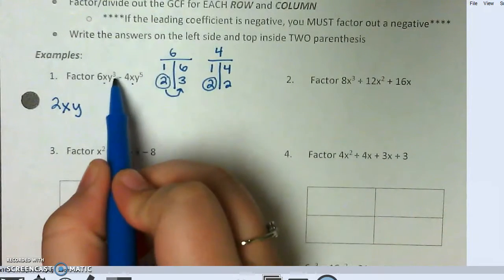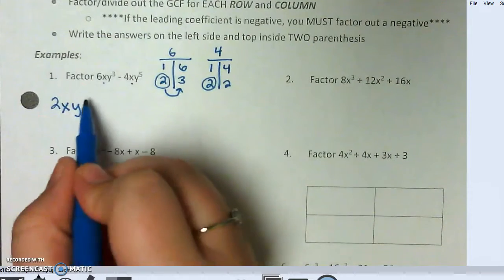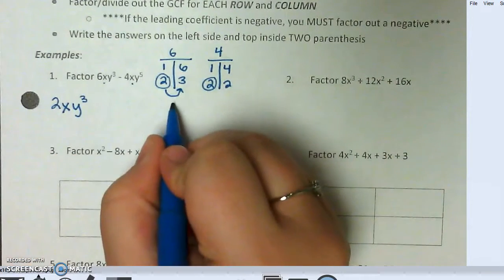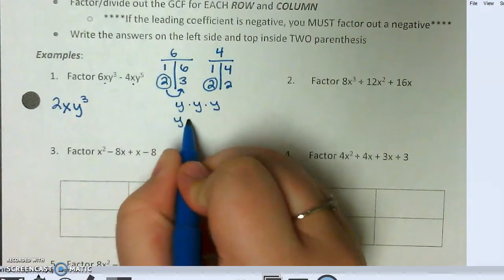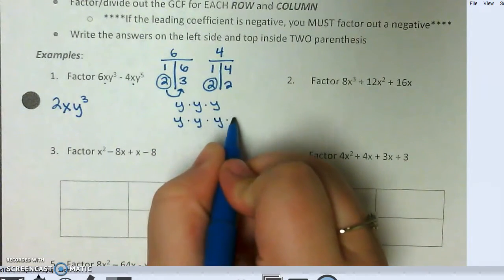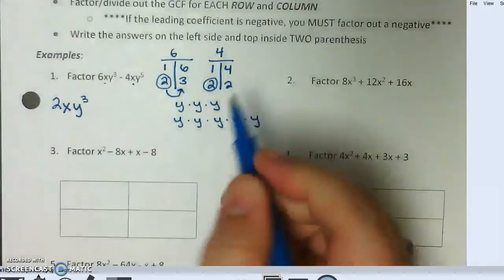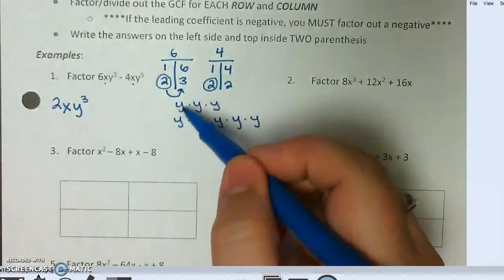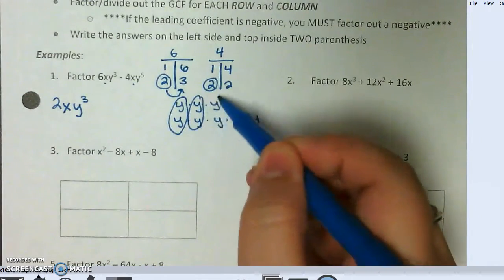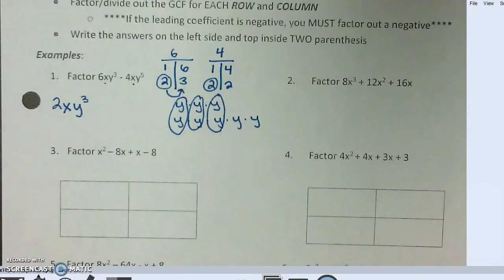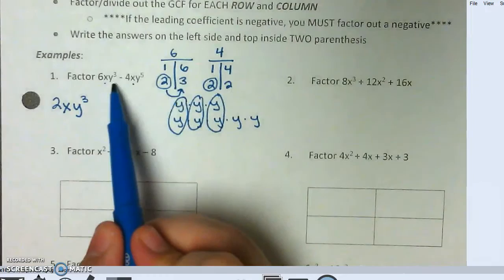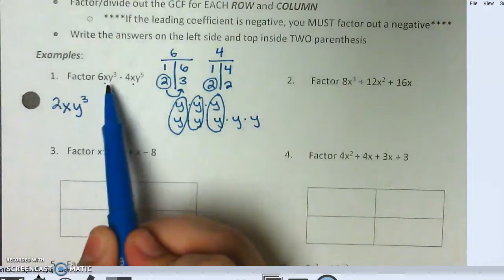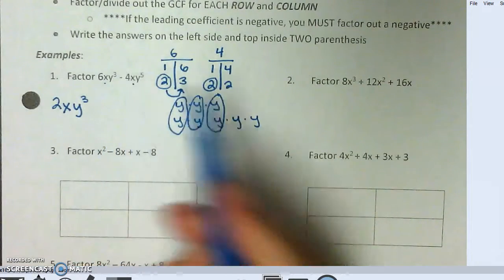We check the smallest exponent because if we lay them out, if we have 3 y's and then we have 5 y's, they actually have 3 in common. So they have 1 group, 2 groups, 3 groups. So that's how we get y to the third. The fastest way is to check if they have a variable in common and the lowest exponent.